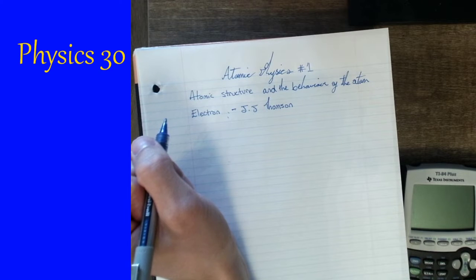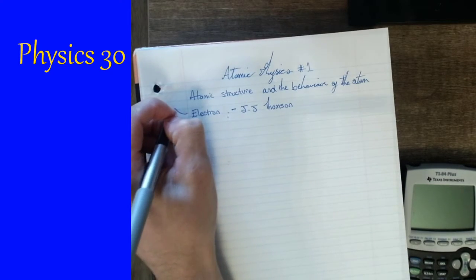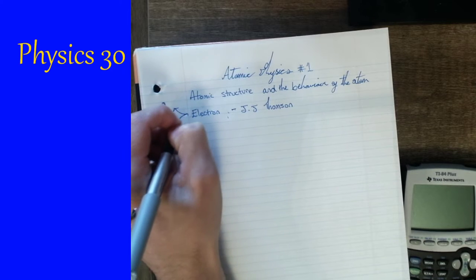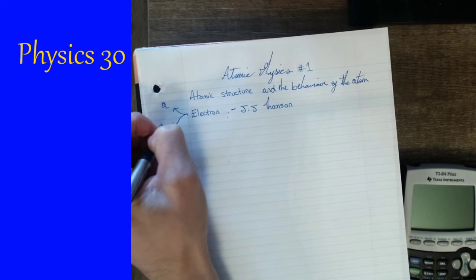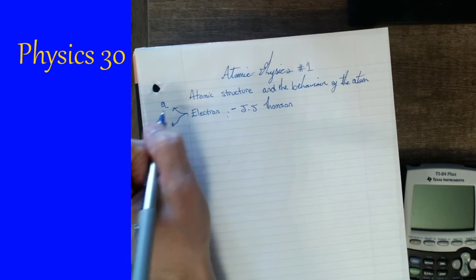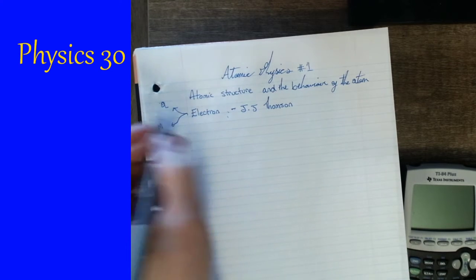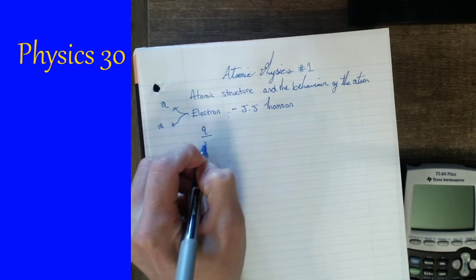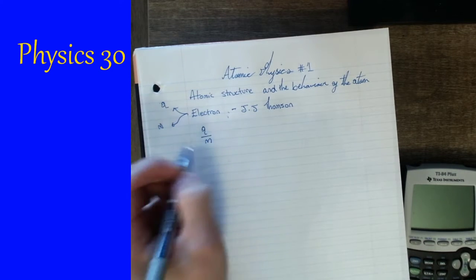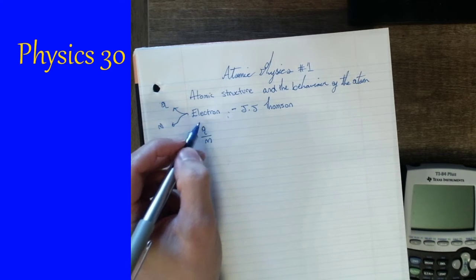But what was really difficult at the time, and the scientists are building towards trying to figure out, what's the charge and what's the mass of this electron? How can we know? What they can't quite figure out at the very beginning in the 1900s is either one of those, but they're thinking maybe they can figure out a charge to mass ratio, so one divided by the other, without actually knowing either of them.